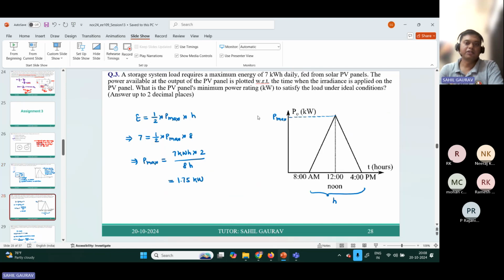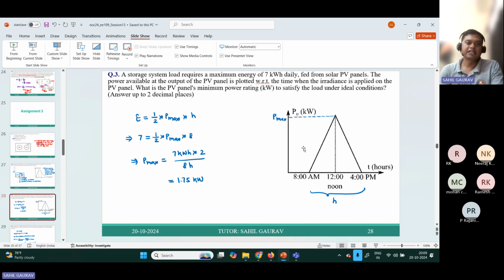Coming to the next problem. In this problem, a storage system load requires a maximum energy of 7 kilowatt hour daily fed from solar PV panels. The power available at the output of the PV panel is plotted with respect to time when the irradiance is applied on the PV panel. What is the PV panel minimum power rating to satisfy the load under ideal condition?